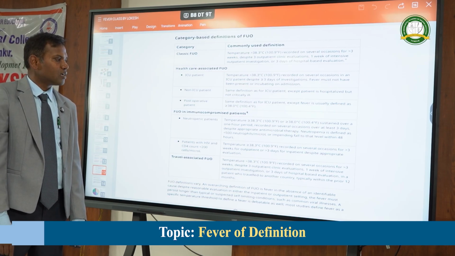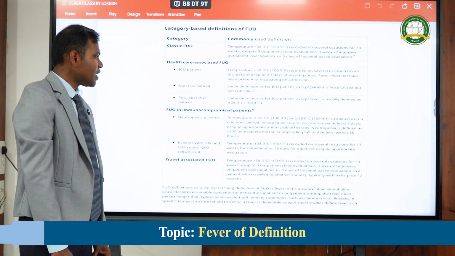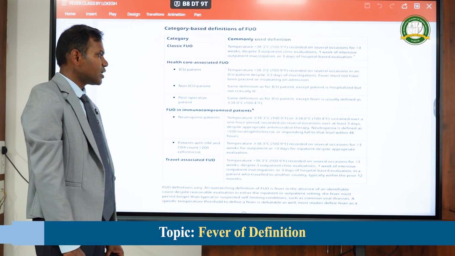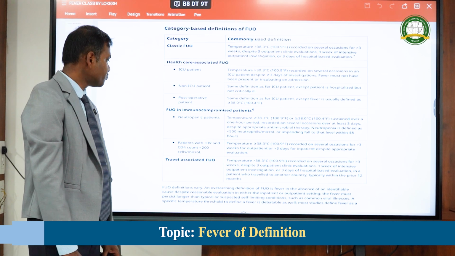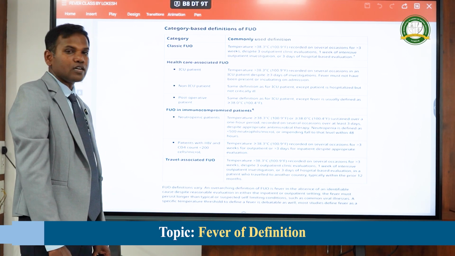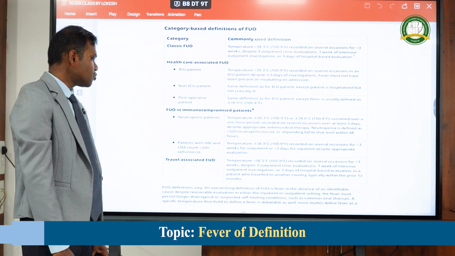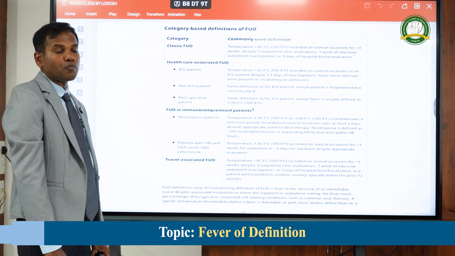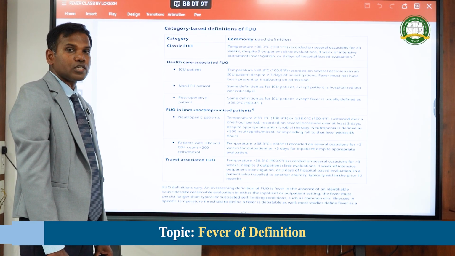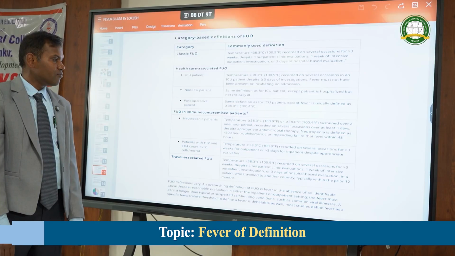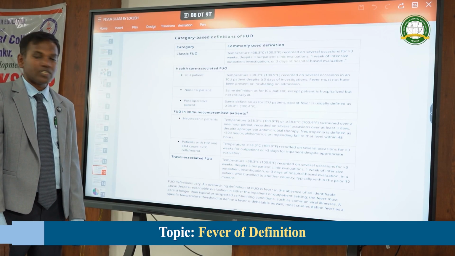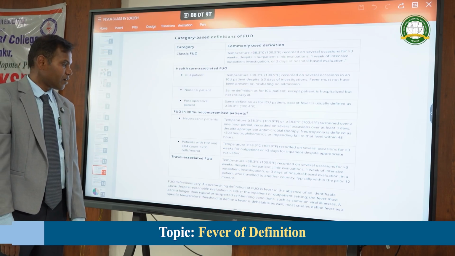Neutropenia is defined as 500 or fewer neutrophils per microliter, or an impending fall to that level within 48 hours. Patients with HIV and CD4 count less than 200 cells per microliter: temperature of 38.3 degrees or more recorded on several occasions for more than 3 weeks for outpatients or more than 3 days for inpatients despite appropriate evaluation.